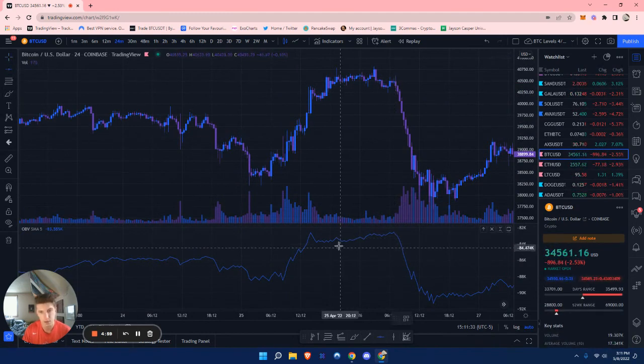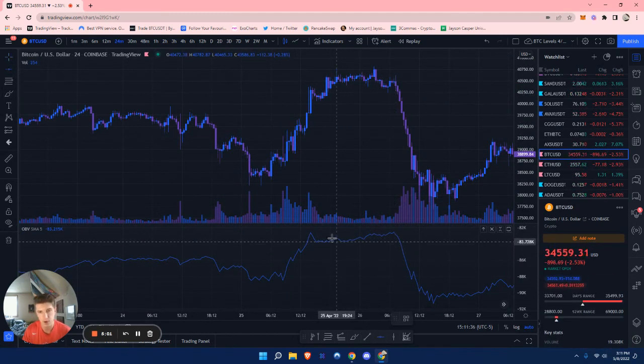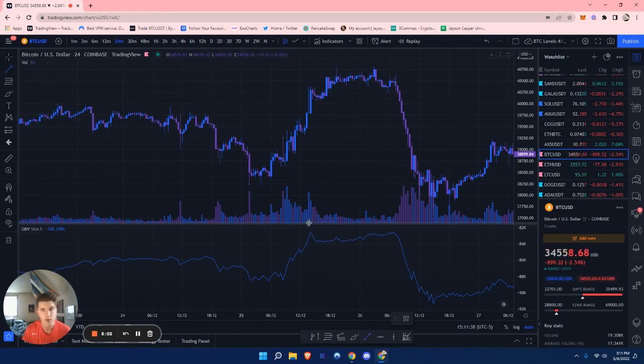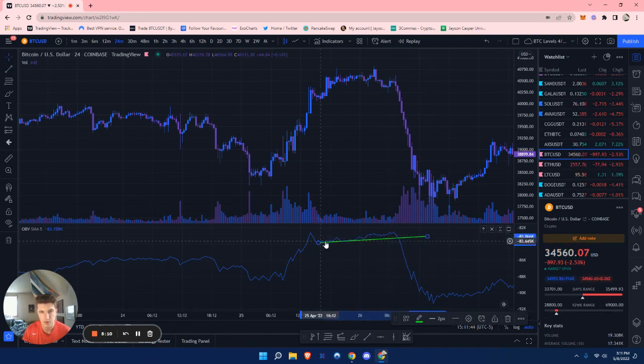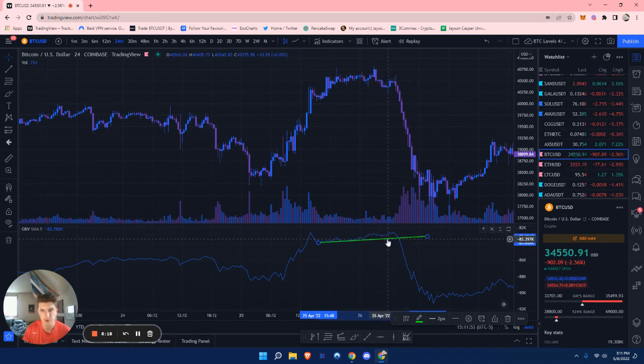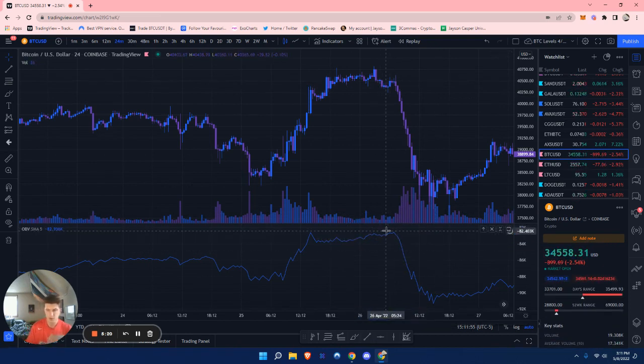Here is another example where I'll just draw a trend line like that and extend it out. I'm connecting the two lows I see. And as soon as price breaks below that trend line, price falls significantly. As a general rule of thumb, you want to use trend lines compared to horizontal lines when price is in a trending market.